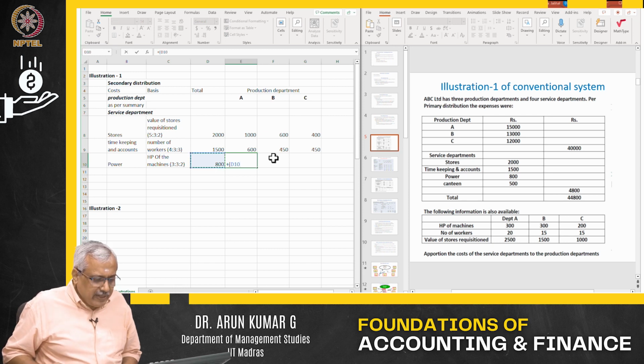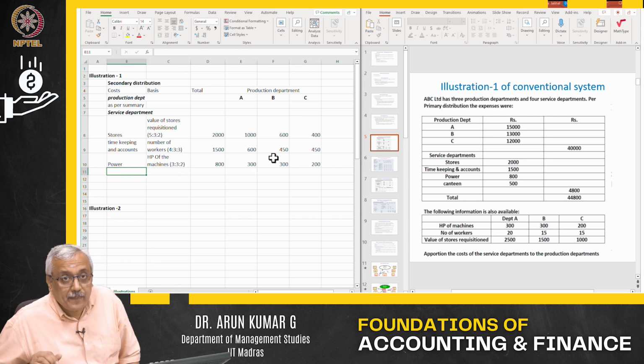So it is 800 into 3 divided by 3 plus 3 is 6, 6 plus 2 is 8. So this is going to be 300, and then 600 is over, and this is going to be another 200, straight and simple.